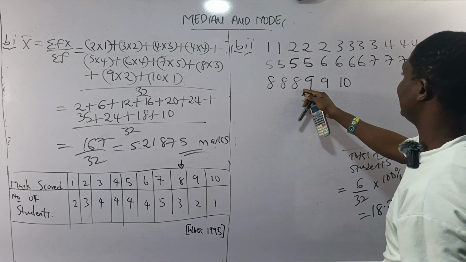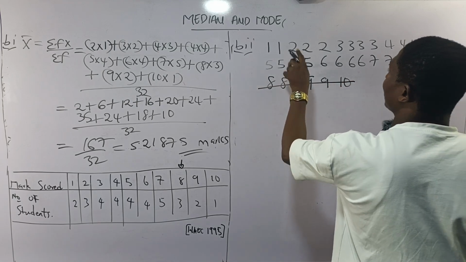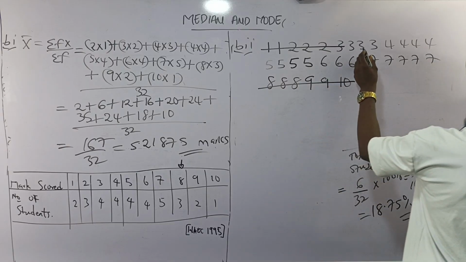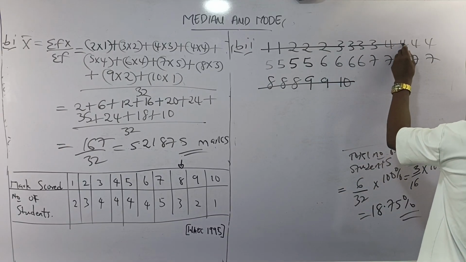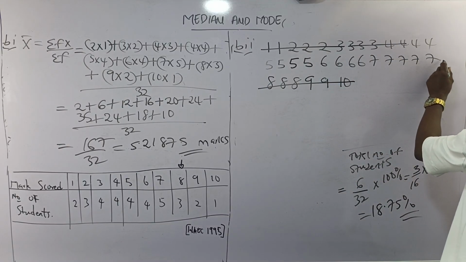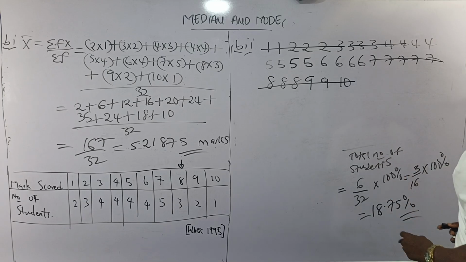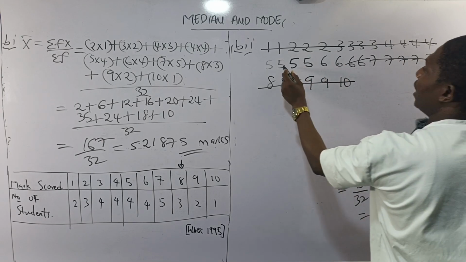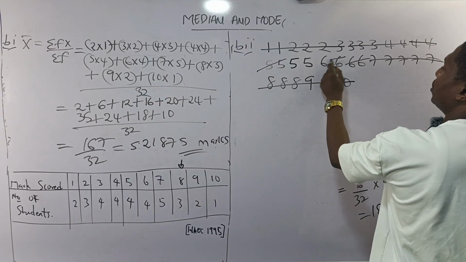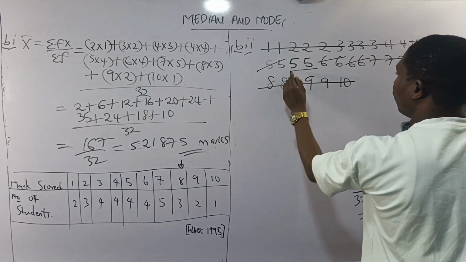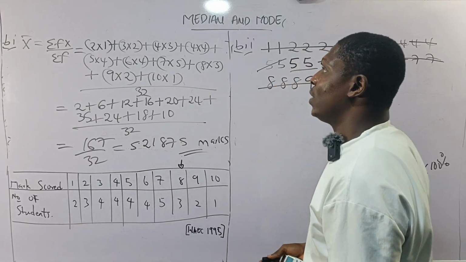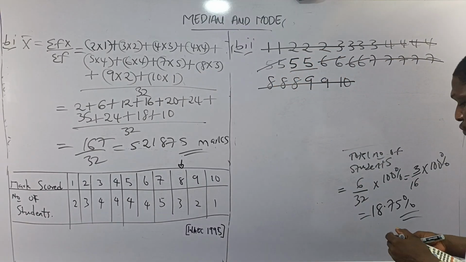So first we have 6 values here. These 6 values can cancel these 6 values. Now I can take the next 5, then 3, 2, 5. Now I can take this 2 here and this 2 here, and I have 2 middle values, since the summation is 32 data.